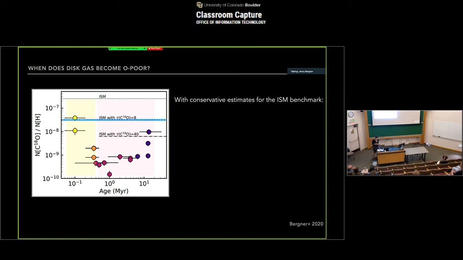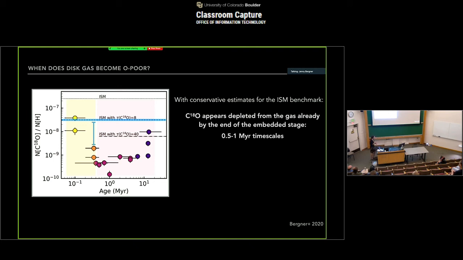Looking at this blue line, we see that the very youngest protostellar disks still have a CO abundance that's consistent with interstellar. So oxygen is not depleted in these earliest protostellar disks. But by the time we get to 500,000 years or so, it's really difficult to reconcile these low abundances with an interstellar value.